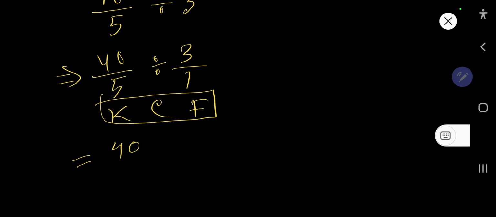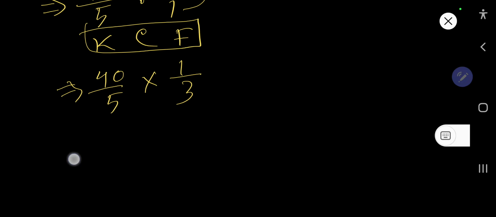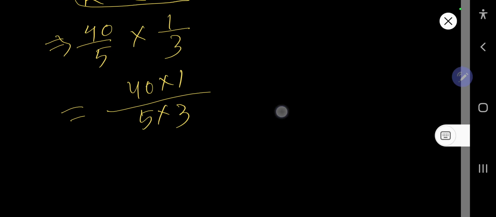Keep the first fraction, then change the division sign to a multiplication sign, and flip this. That is, we have to take the inverse of 3 over 1, which is 1 over 3. Now just multiply top to top number and bottom to bottom number, right?